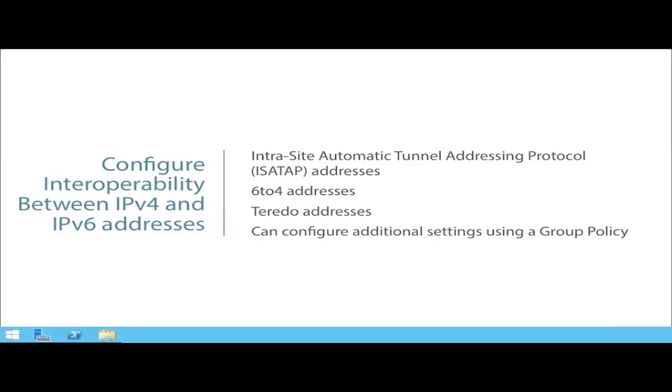And you can do that through a group policy. And I'm going to show you that in just a second, where that group policy is located for ISATAP, 6-to-4, and Teredo. There's also some PowerShell cmdlets that'll let you get some information on 6-to-4 and let you set some information, just like with ISATAP. But let's go take a look at those group policy settings.